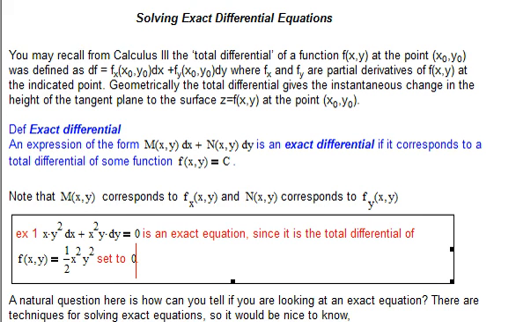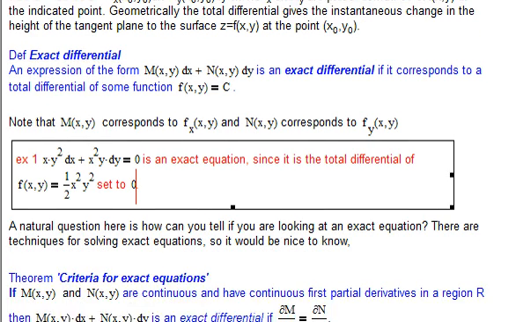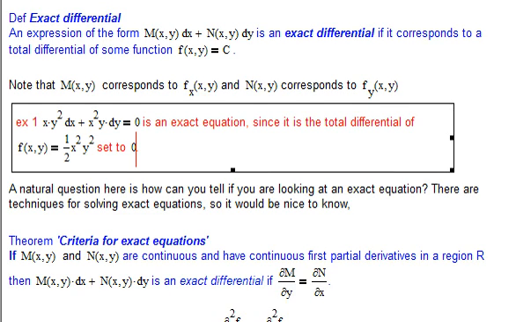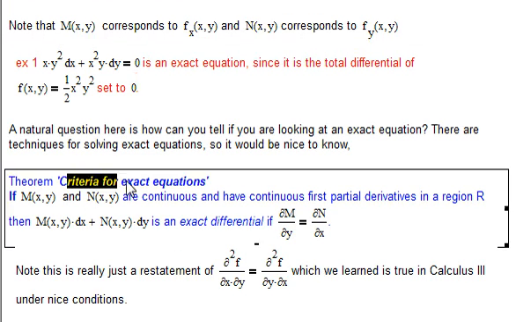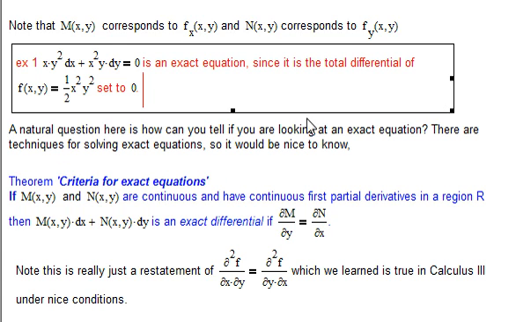So, the natural question is, how can you tell if we have an exact differential equation? That's the $64,000 question. So I suppose there must be some way, and the answer is yes. There is a criteria for determining if we have an exact differential equation.